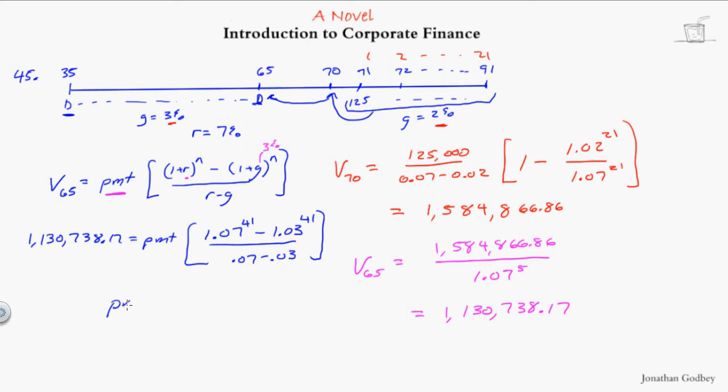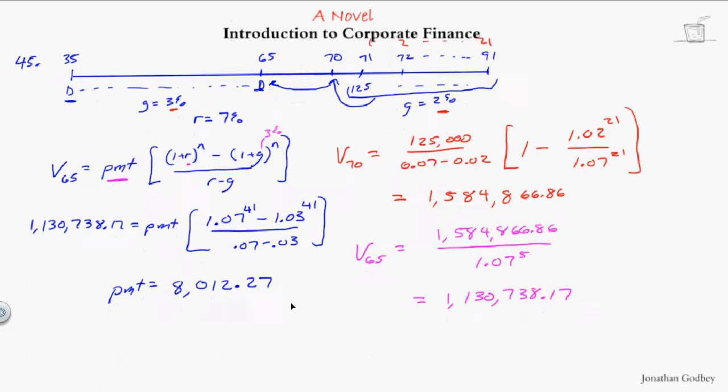Now you just do the high school algebra. You find that payment to be $8,012.27. Okay, so let's go on to question number 46.